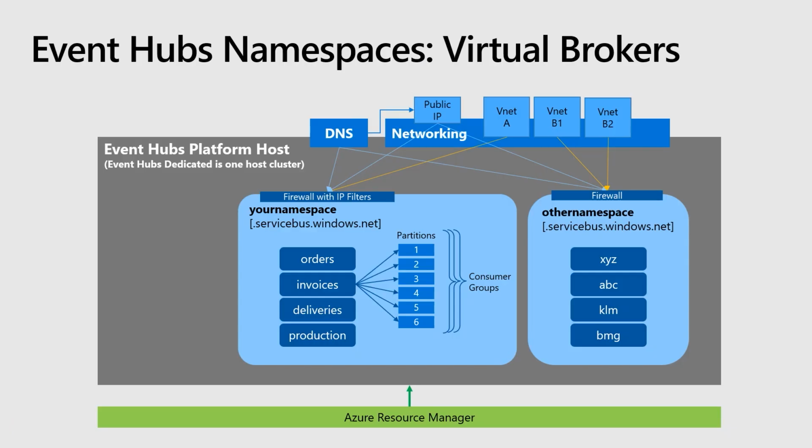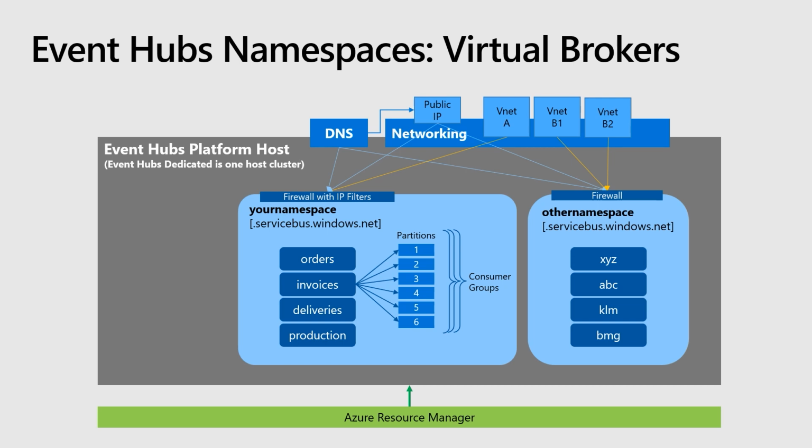Okay, so after all the business model and advertising, let's dive more into the details. What is an Event Hub namespace? An Event Hub namespace is effectively the virtual broker that you're getting. If you were here yesterday, you will notice this picture is very similar to the one for Service Bus. When you create a namespace in Event Hubs Standard and Premium, we give you an allocation in an existing cluster, create a DNS name for you, and alias that to the cluster address.